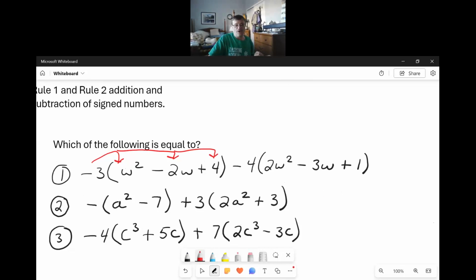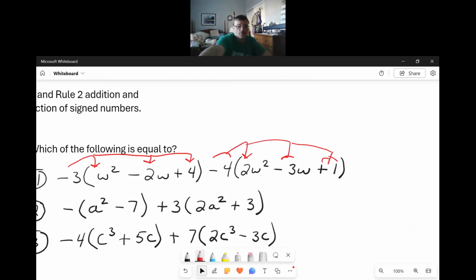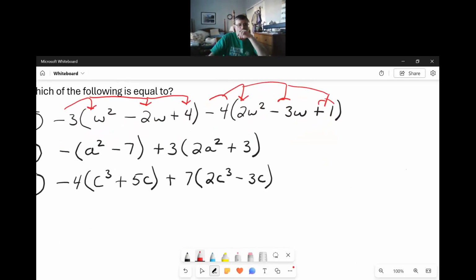And then we're going to take that negative 4 and multiply it with the positive 2, the negative 3, and then finally the positive 1. Okay, so let's go on and do this. I'm going to write it underneath here. So negative 3 times w squared. No coefficient? No problem. Put a 1 in there.